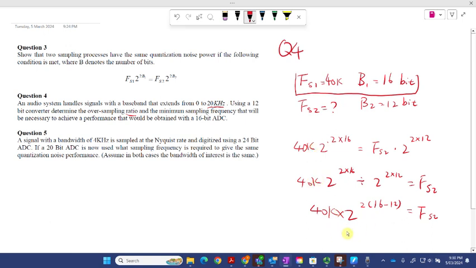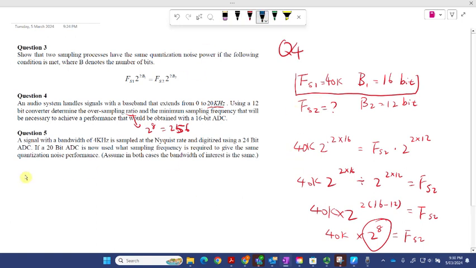So fs2 equals 40k multiplied by 2 to the order of 8. This question is actually asking for the oversampling ratio, so the oversampling ratio is just 2 to the order of 8, which is 256 times. And if you multiply that by 40k, that will be the frequency. So we use this equation.